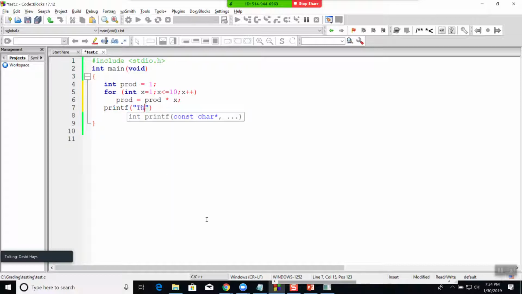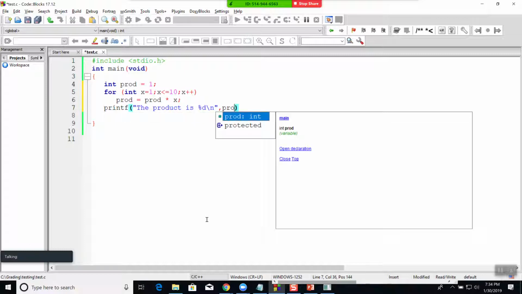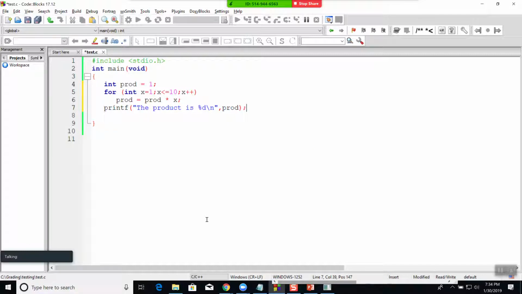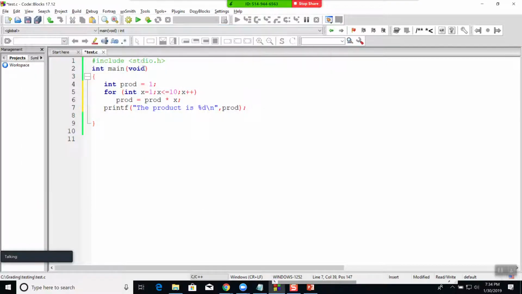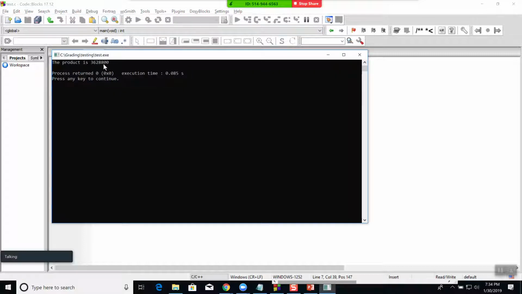And then printf, the product is %d/n, and then product. Now let me run it before I explain it. That looks like what we had before.